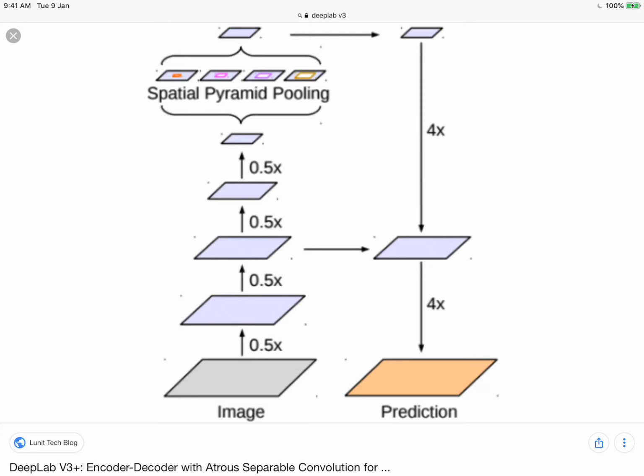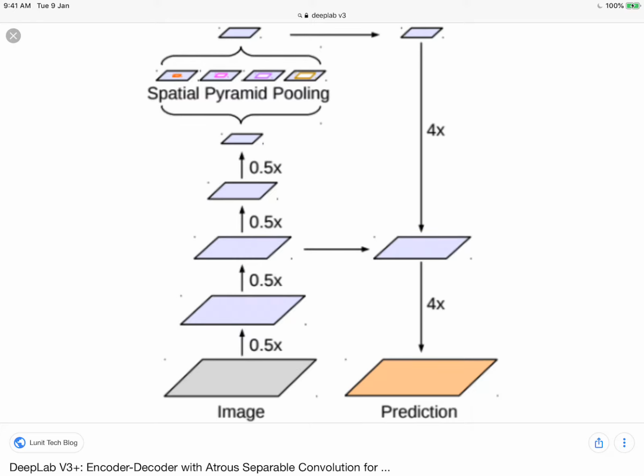So now this decoder part no longer has any trainable part, right? It is just simply upsampling using the bilinear interpolation, right?